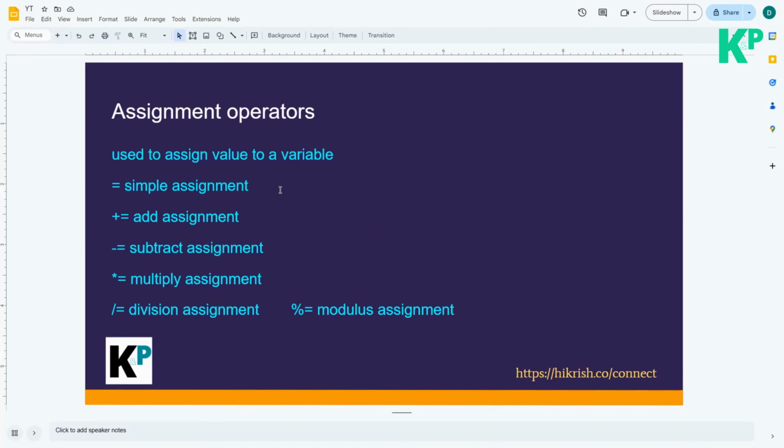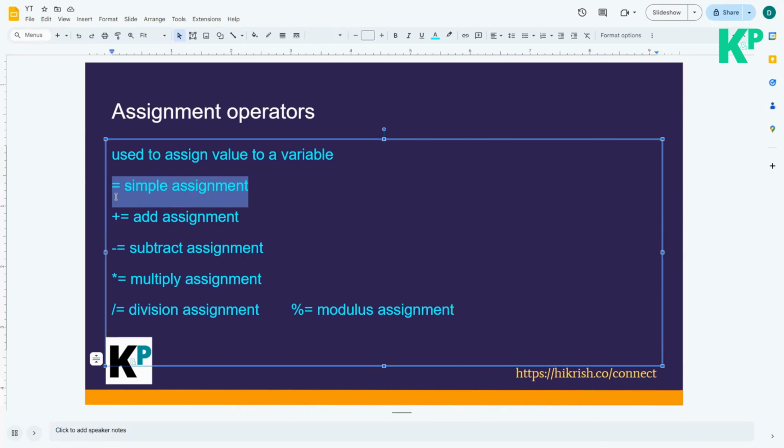First, the one we have already used often is simple assignment. It means we are assigning a value which is on the right hand side of the equal to sign to a variable name which is on the left hand side. Along with that, we have some other assignment operators, which are a combination of two signs. For add assignment, it is plus equal to.